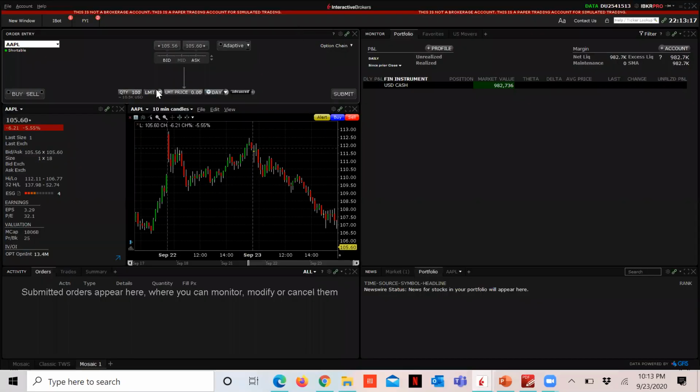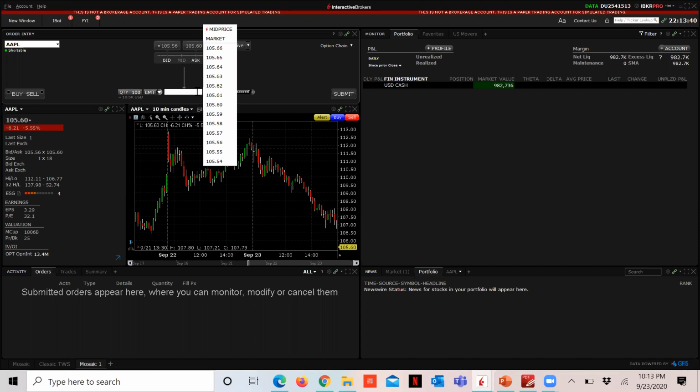So there is an option here. If I put it on a limit order, I select the price I want. Let's say it's fluctuating between 115 and 100, and I want to buy at 108 or 107. Then I just put in that limit price of 107, and whatever the quantity is.